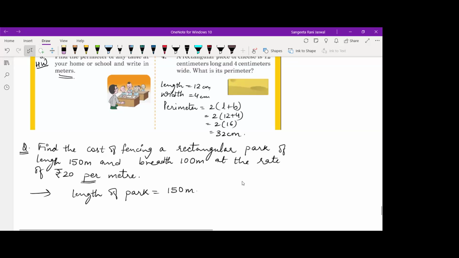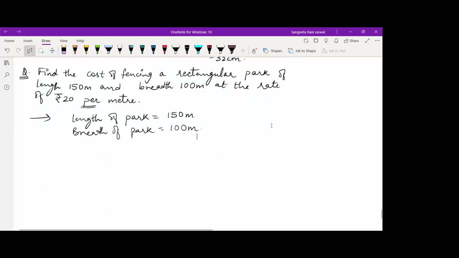Breadth of the park is 100 meters. Good. Okay, Harshit. Ma'am, Harshit is not here. Okay. Yes, Trilokya, what is the next statement? Yes, ma'am.